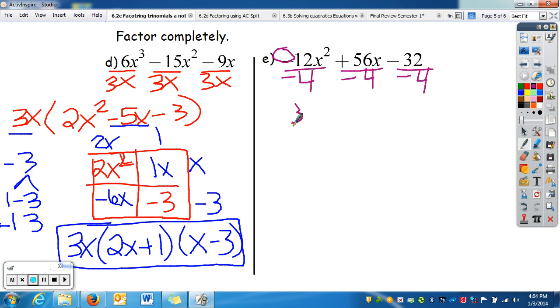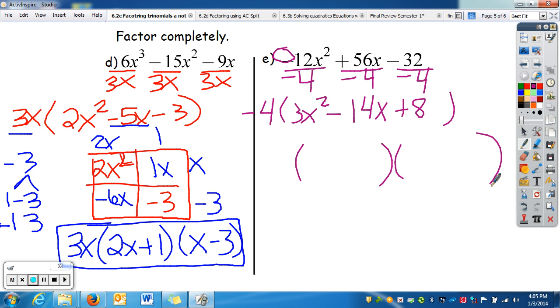So that's 3x squared minus, I have my negative 4 on the outside, 14x plus 8. Now these are all relatively prime to each other. There's nothing else, so I can go on and do my parentheses.